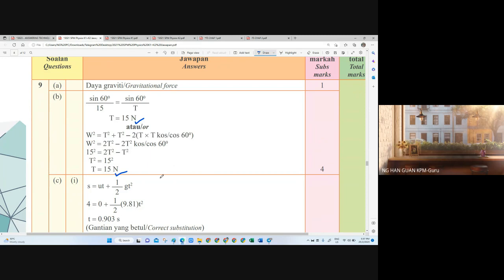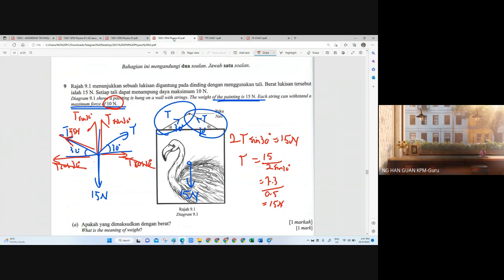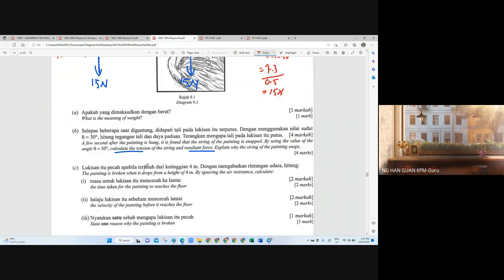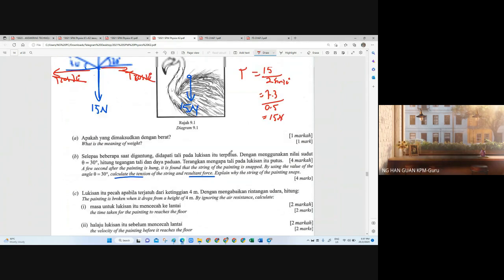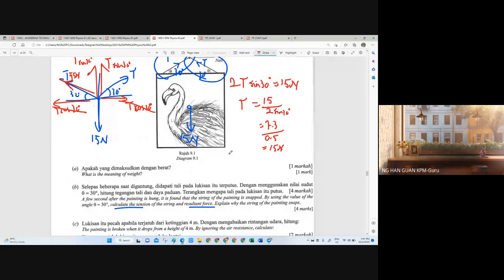So once you don't really feel that the answer given fulfills the needs of the question, better you ask. In this case, it only shows the tension, it doesn't show the resultant force. The question is to explain why the string of the painting snapped.